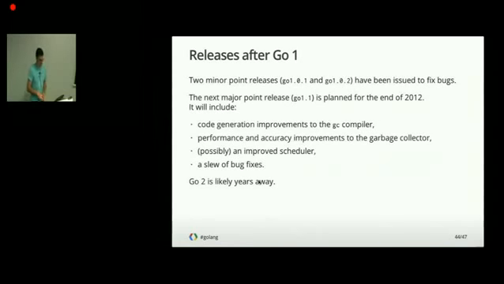As I mentioned, it will include code generation improvements, performance and accuracy improvements to the garbage collector, probably an improved scheduler, and many, many bug fixes. As far as Go 2 is concerned, it's likely years away. It's not something we're really thinking about right now.